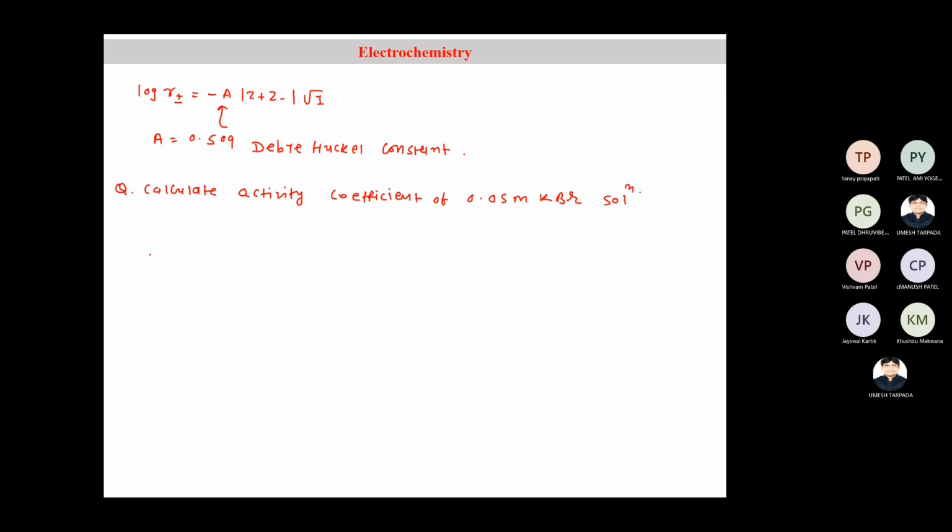And how is it calculated? So see, this is KBr, 0.05 molar. When you ionize it, it gives 1 mole of K plus and 1 mole of Br minus. Both are 1 mole.